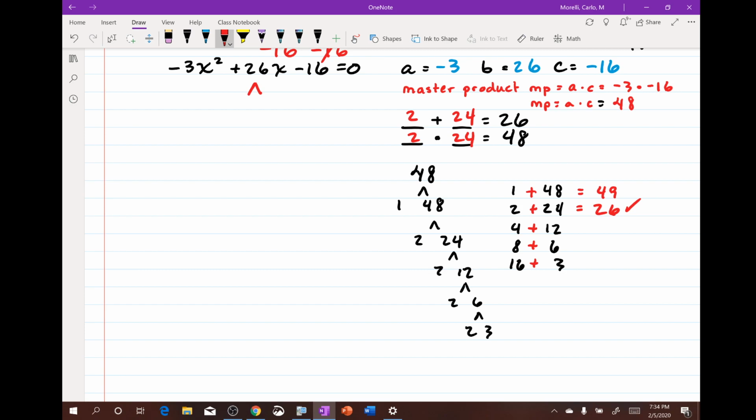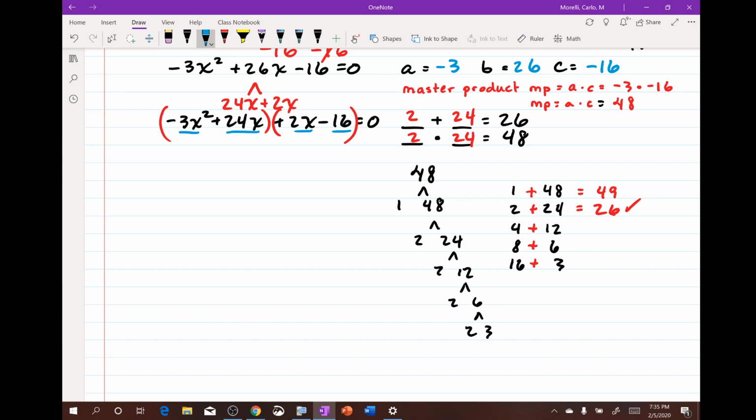So we're going to split that middle coefficient, put the big one first, 24x plus 2x. And now we're going to rewrite the whole thing: negative 3x squared plus 24x plus 2x minus 16 equals 0. Group them like this, and then perform the greatest common factor on both of these binomials.